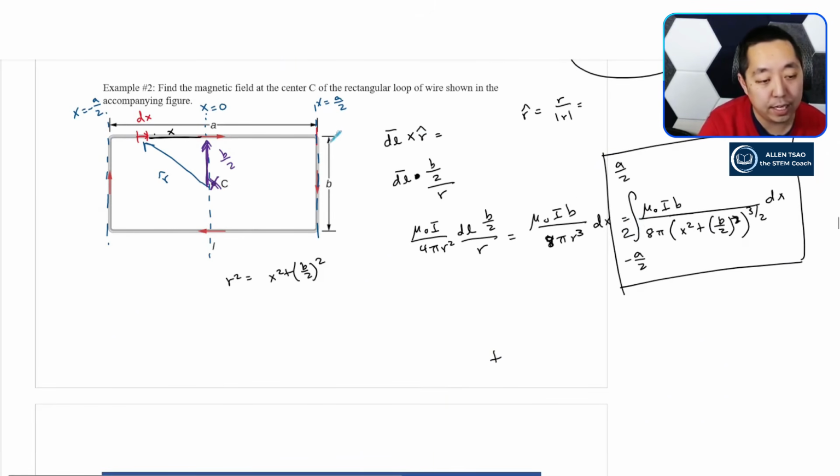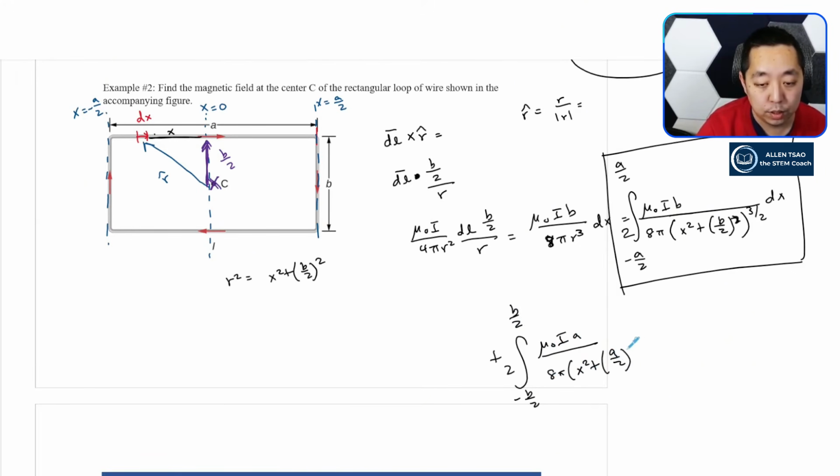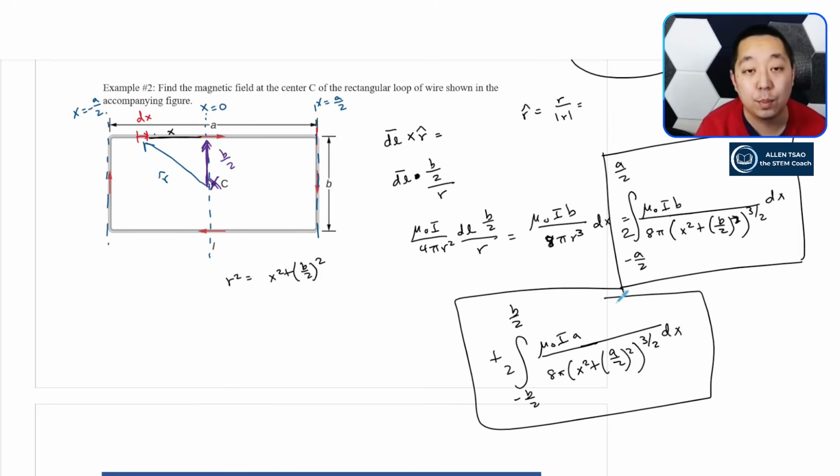And then you'd have to add in these segments here. But here you would just swap the roles of A and B, right? So it'd be negative B over 2 to positive B over 2, mu naught I A over 8 pi times x squared plus A over 2 squared to the 3/2 dx. And that would be your total setup, right?